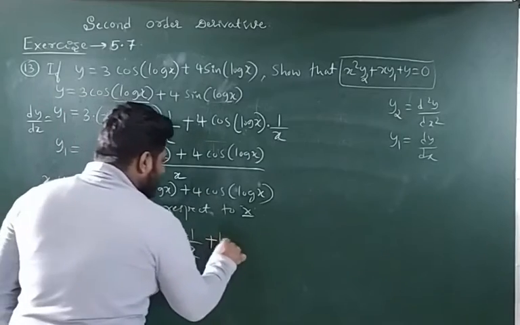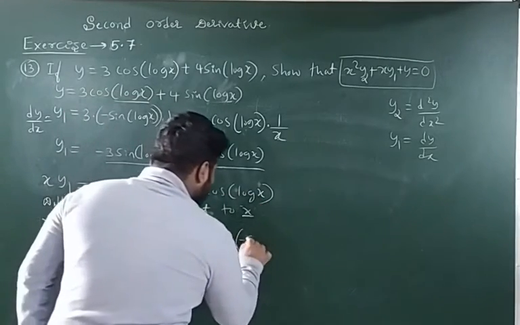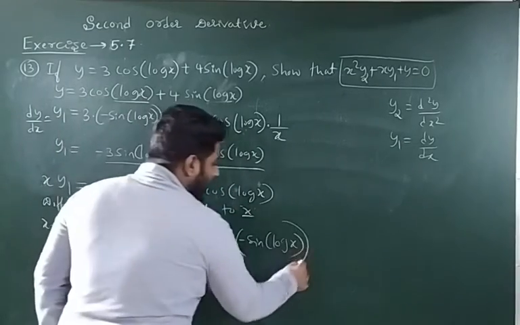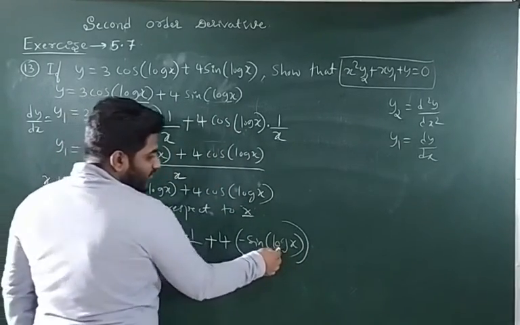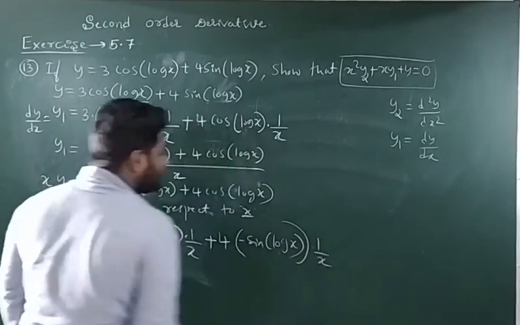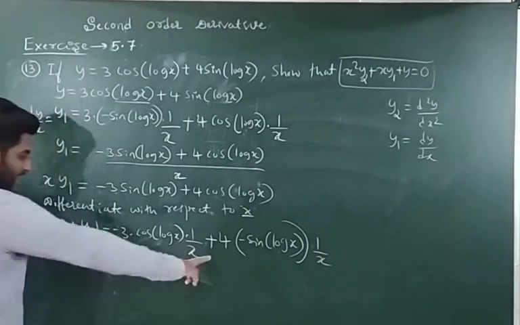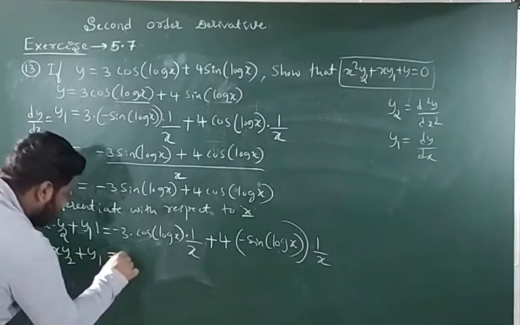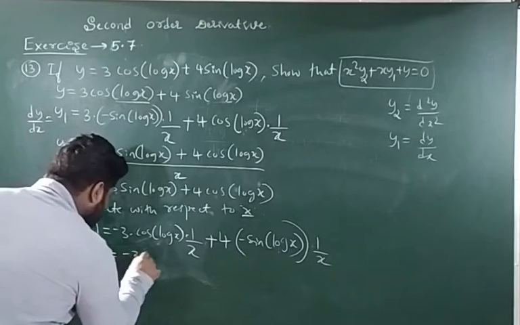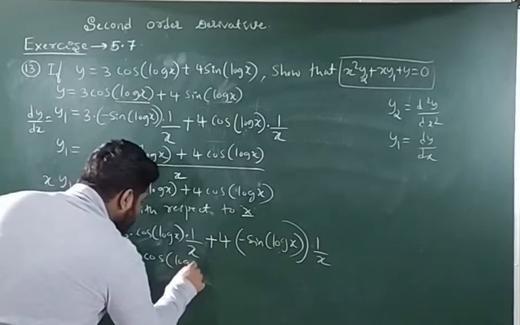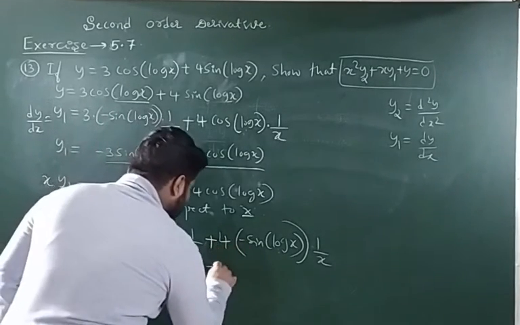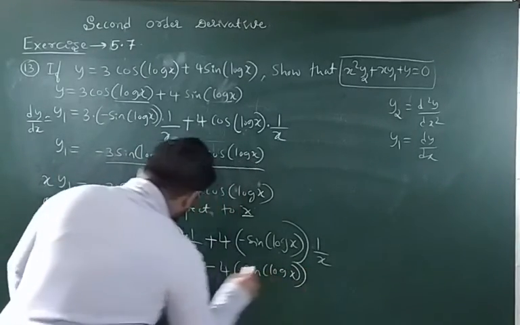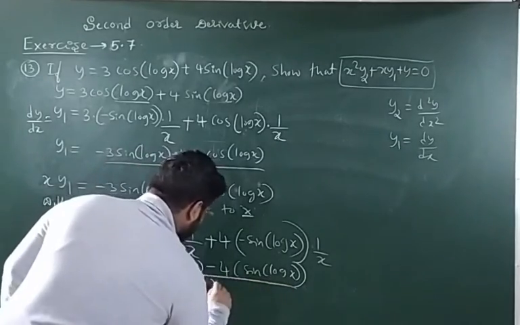Plus 4 as it is, differentiation of cos x is minus sin x, in place of x we are having log x, and again differentiation of log x is 1 by x. The LCM is the same, so simplify this: x y2 + y1 is equal to minus 3 cos of log x minus 4 sin of log x, whole divided by x, right?